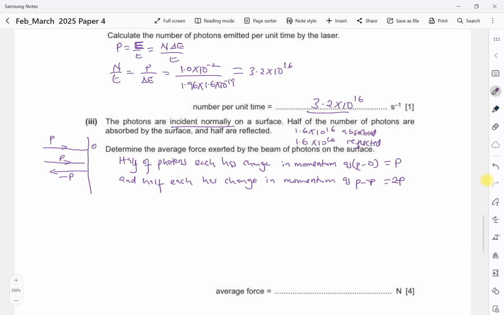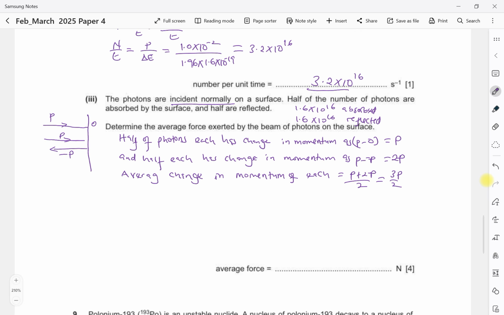Which means the average change in momentum of each particle is p plus 2p divided by 2, which is going to be 3p over 2.